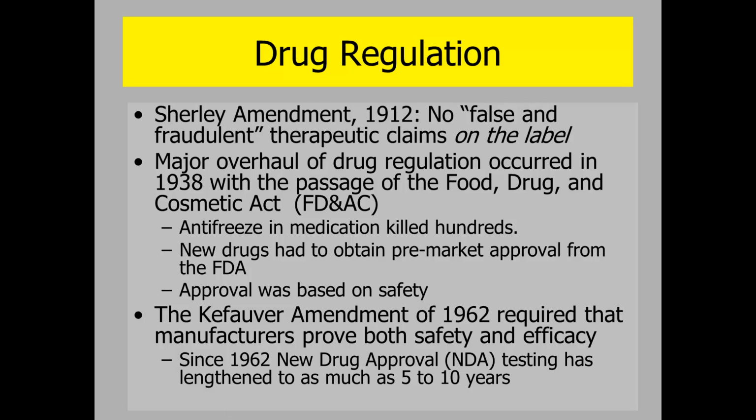So one of the reasons for this was that ethylene glycol, which is a component of antifreeze, was included in a medication that killed hundreds of children. And ethylene glycol still keeps showing up in drugs too, because apparently people buy the wrong raw material and put it in these drugs. So they also said that new drugs had to obtain pre-market approval from the FDA, and that approval was based on safety.